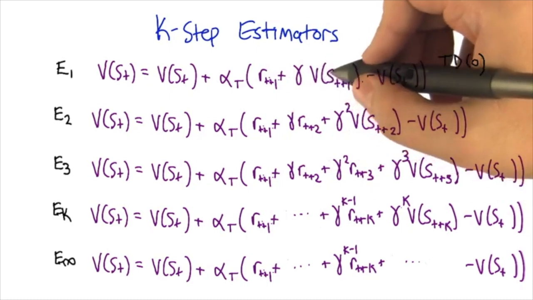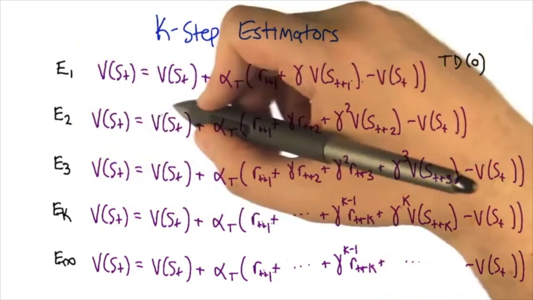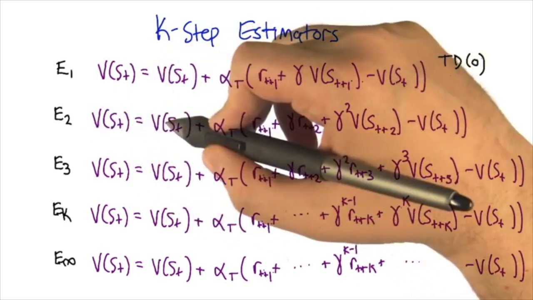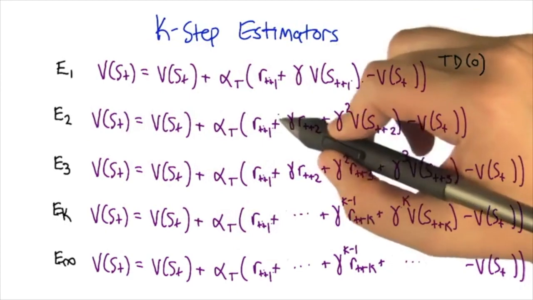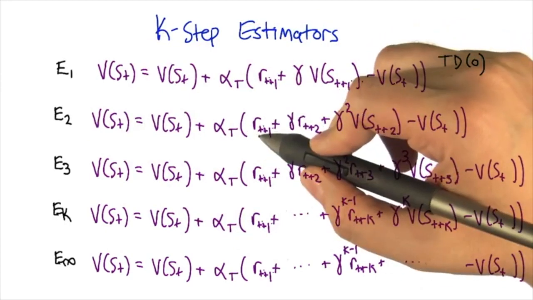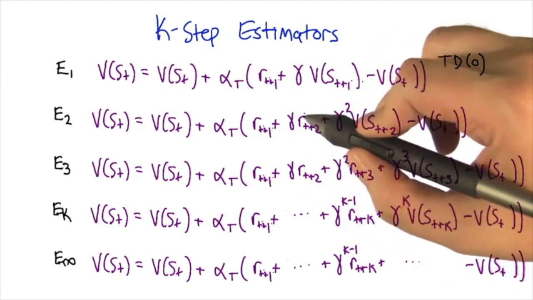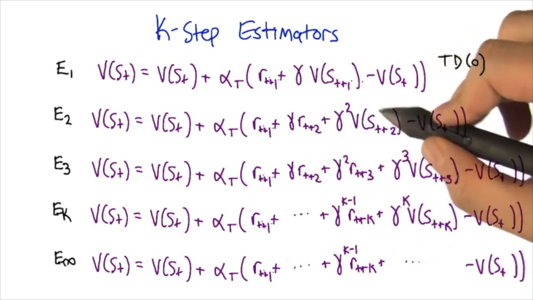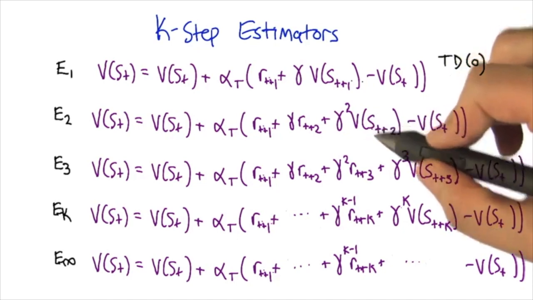But let's contrast that with a two-step estimator. We'll call it E2, estimator 2, where to estimate the value of a state that we're leaving, we move a little bit in the direction of the immediate reward that we received plus the discounted reward that we received next plus the double discounted value of the state that we landed in 2 steps from now.